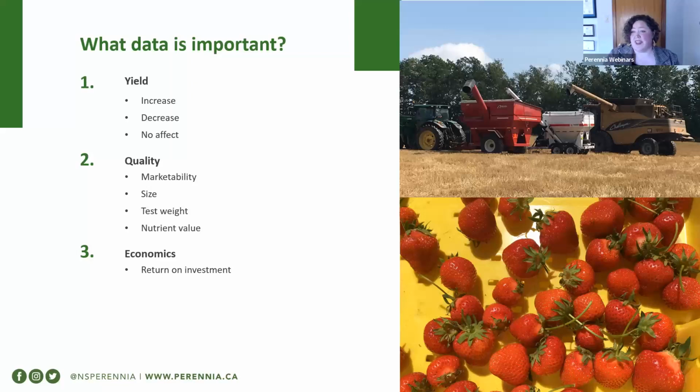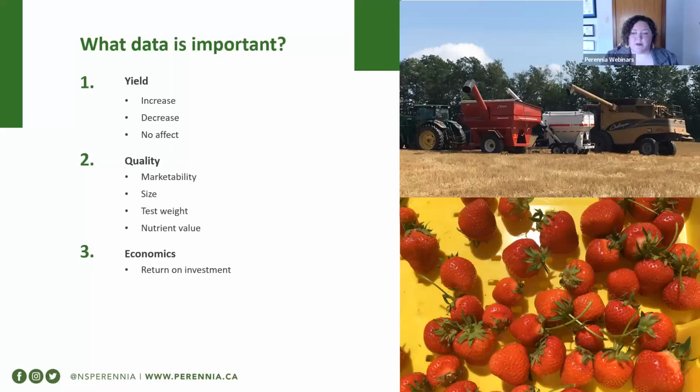So for something like apples, is it the right size that you're looking for your market? For grains, it could be test weight. And if you're looking at feeding something to your livestock, you could be looking at nutrient value. The most important one is going to be your economics and your return on investment. Was it worth it to change that practice or that product on your farm?